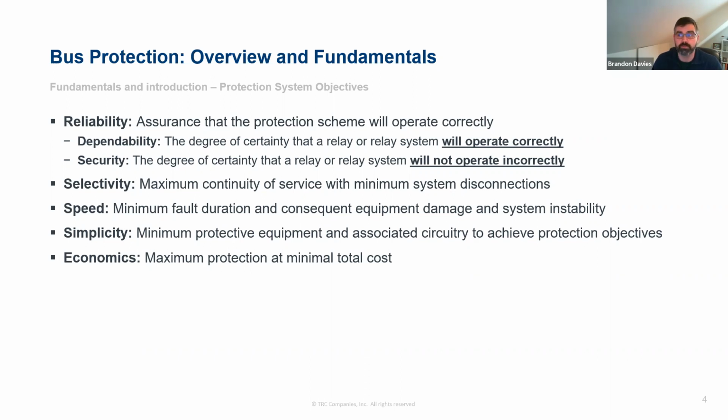So all in from the fault starting to the fault being cleared, we're talking about 4 or 5 electrical cycles. So a small fraction of a second for clearing times.